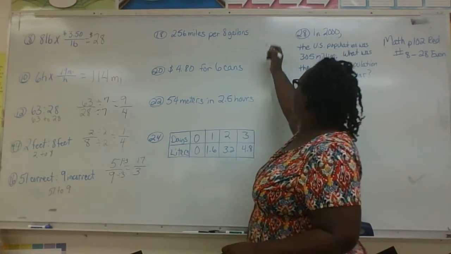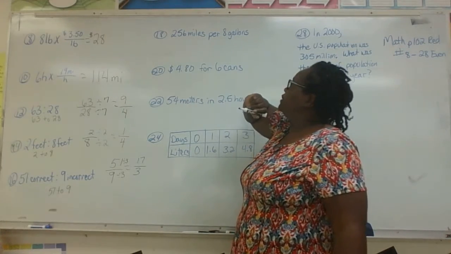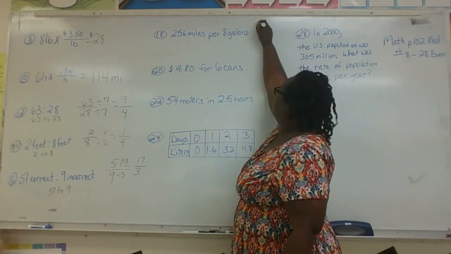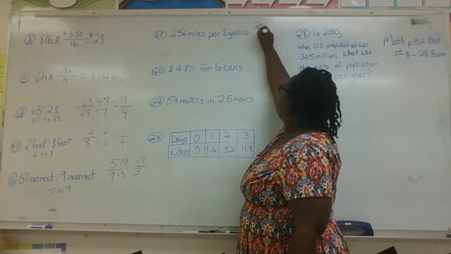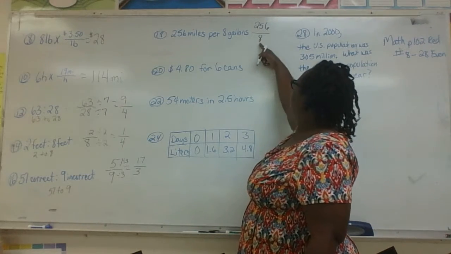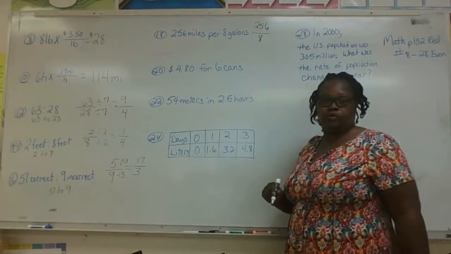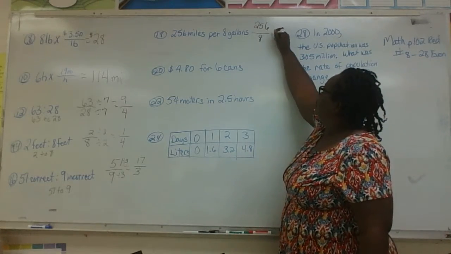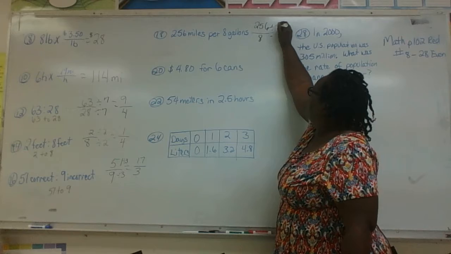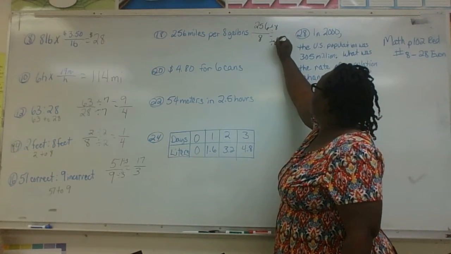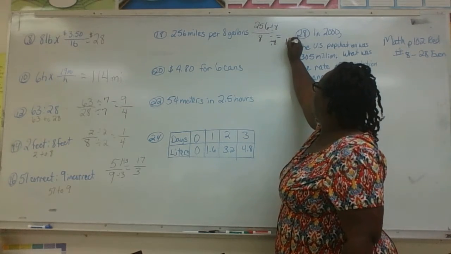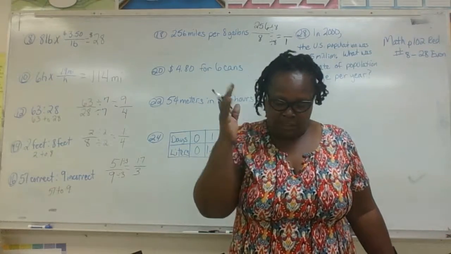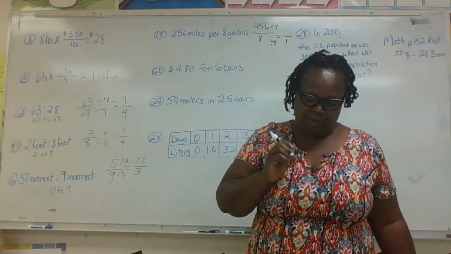If we have 256 miles per 8 gallons, therefore it's 256 per 8 gallons. If we want this denominator to be reduced to 1, then we must divide the whole problem by 8, so that we would have 1 in the denominator.